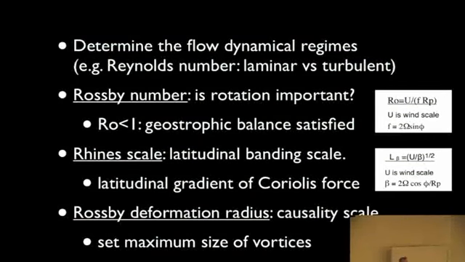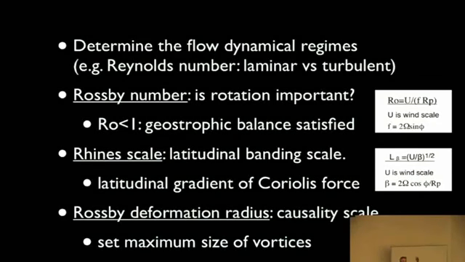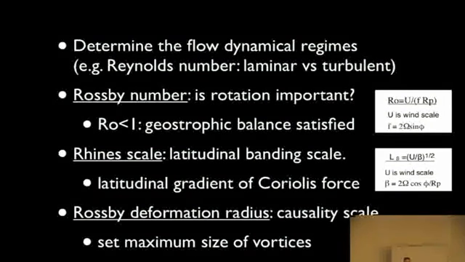So the Rhines scale is actually a scale that's trying to understand to what extent the change in the Coriolis force with latitude is actually affecting the flow. And the practical consequence of that, the practical application of the use of that number, is to define a typical banding scale.